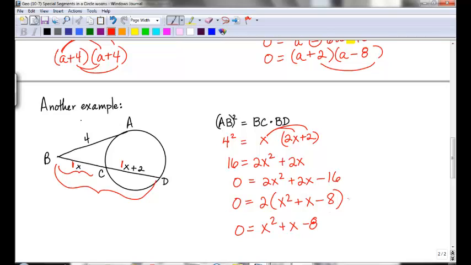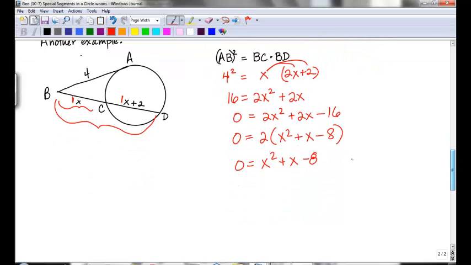Now, if I look at the factoring part, I need two numbers that multiply together to give me 8 and differ by 1. No such animal, okay? So, quadratic formula. This one you're forced. You got to do the quadratic formula. On this, remember it's in the form 0 equals ax squared plus bx plus c.